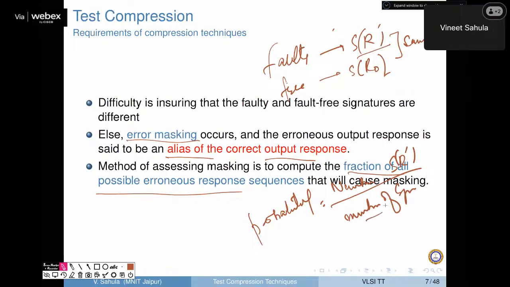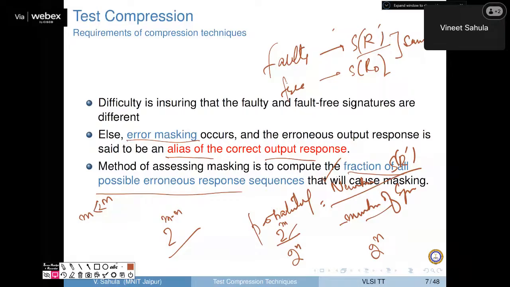The total number of signatures would be 2 to the power n for all patterns. And the number matching the golden will be 2 to the power m. So our probability will be 2 to the power m minus n, where m will be much smaller than n. So this probability can be made very, very small, looking at how many bits we are choosing for compression.